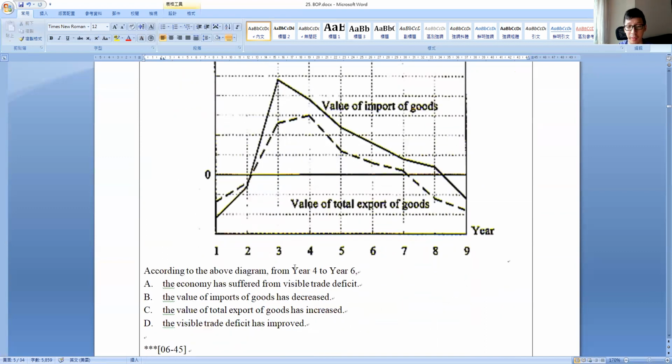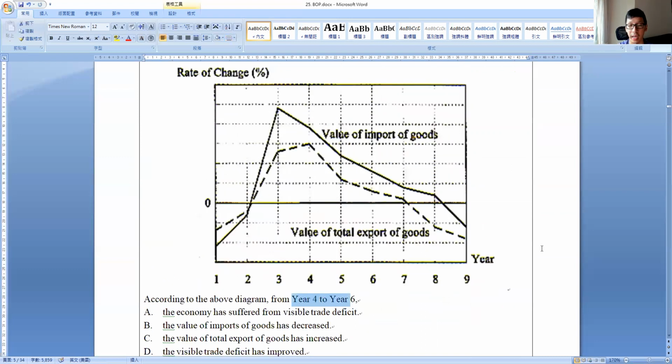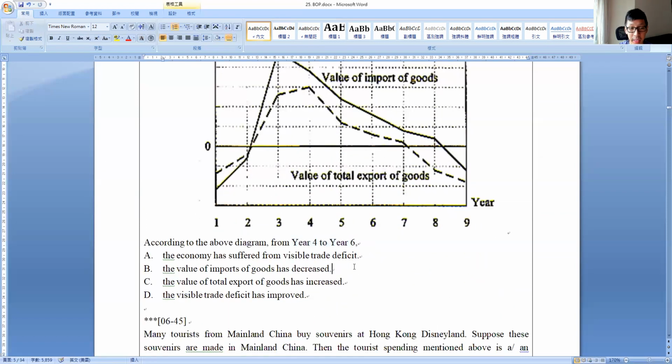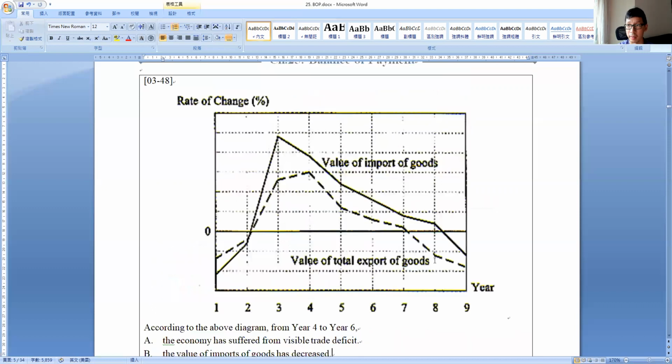According to above diagram, from year 4 to year 6, 我哋淨係睇4至6啫。So what happens is that 好啦，睇下邊個答案先。Here going down. So volume of import decrease. Is that? You see the answer? No. Look at the graph again. 嗱，次次都錯呢啲啊，好嗎？Rate of change.